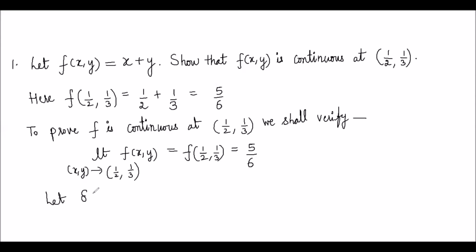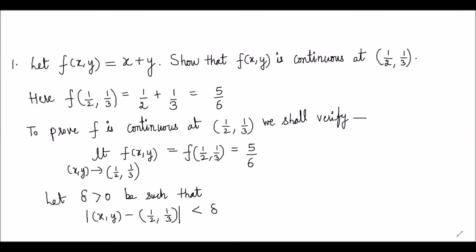Let delta greater than 0 be such that the distance between (x, y) and the point (a, b), which, if I compare with the definition, is the ordered pair (1/2, 1/3), is less than delta.